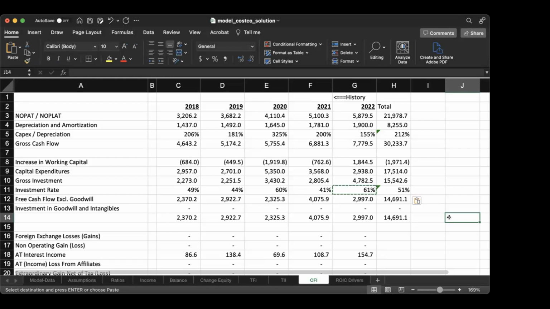The CapEx depreciation around 2020, like the 325%. Mhm. That kind of jumped out. We saw a dip in CapEx at Walmart. Did we see as dramatic a dip at Costco? No.